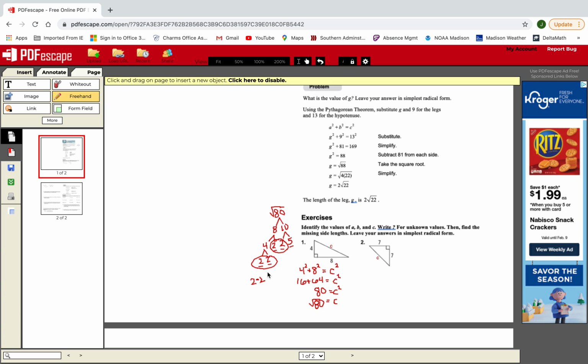And 5 doesn't have a date, so it has to stay home. Simplifying the rest of the way, 2 times 2 is 4, root 5. So the square root of 80 simplifies to 4 root 5. There is my simplest radical form as requested in the instructions.